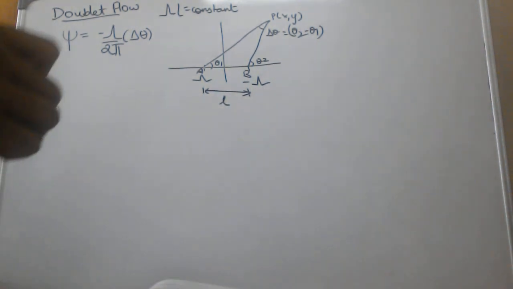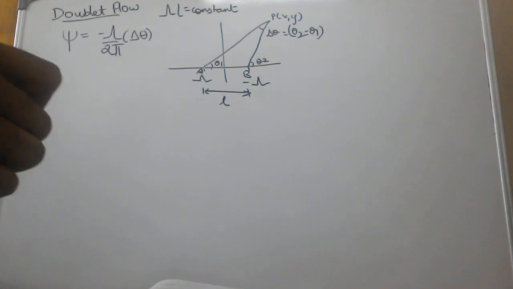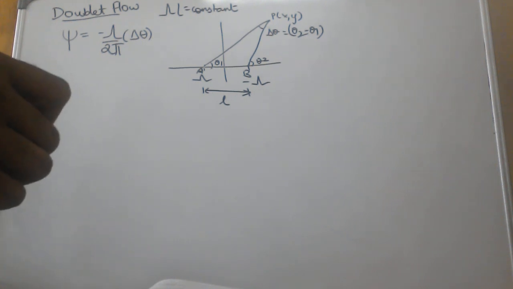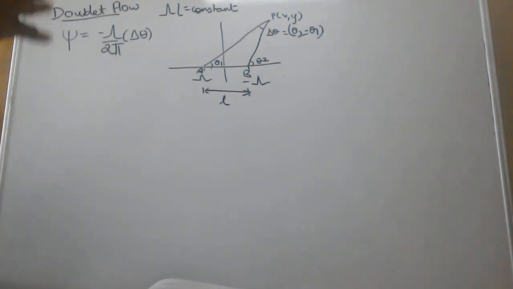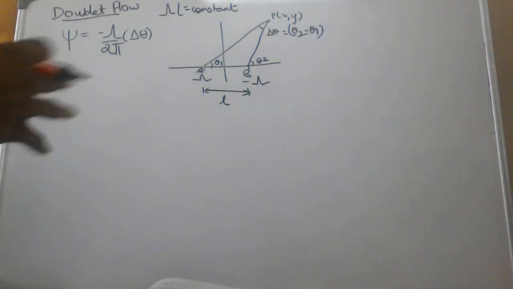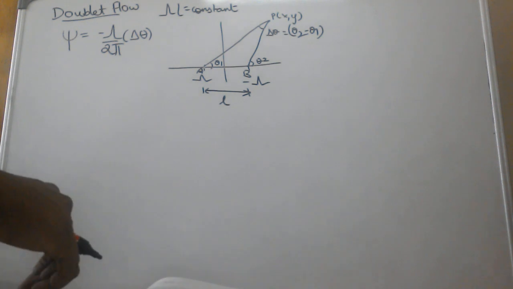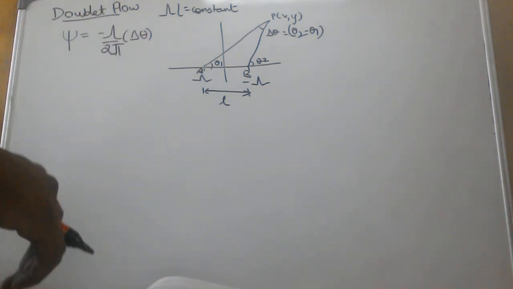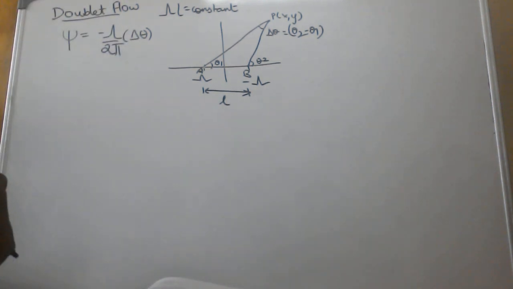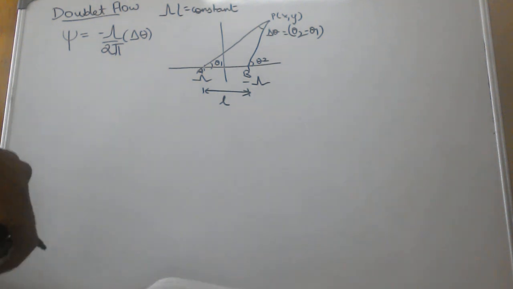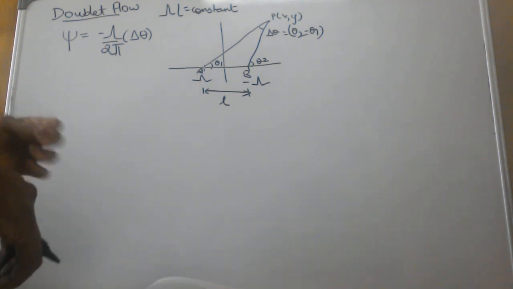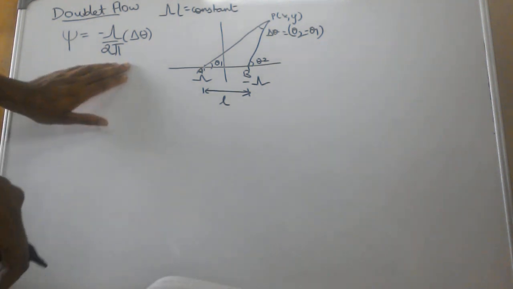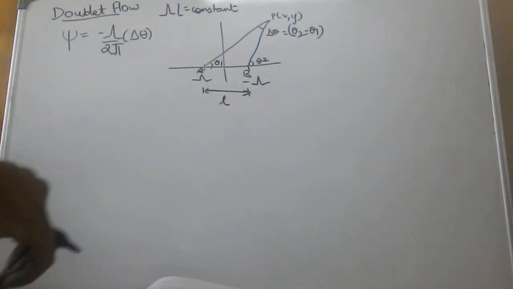Now let's say that I have brought these 2 points, the source and the sink points, very very close to each other, both close to the origin, such that L goes to 0. So let's try to find what expression we need to substitute in this equation for delta theta from this figure.